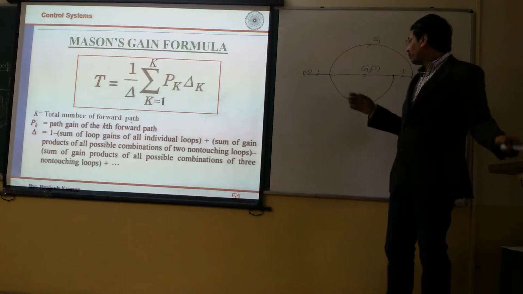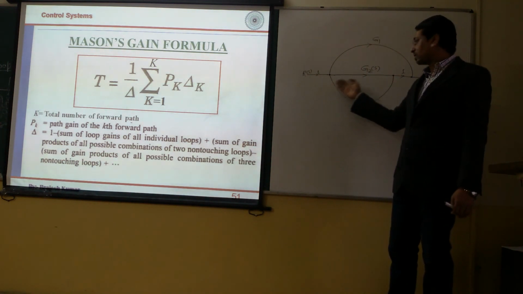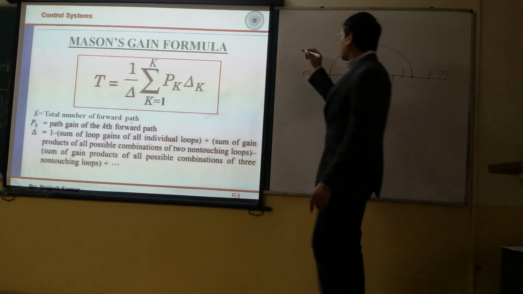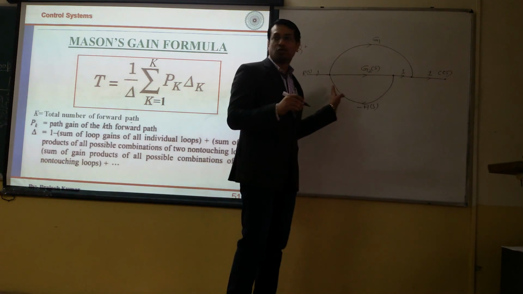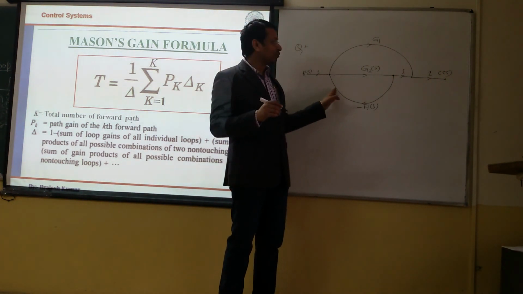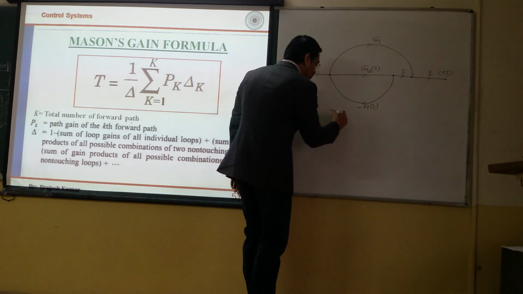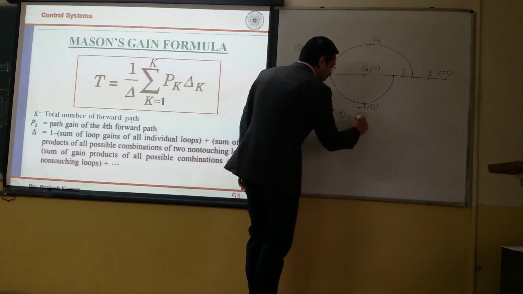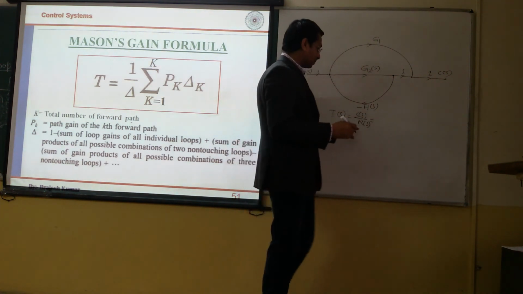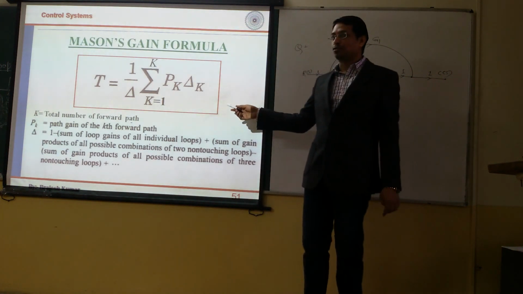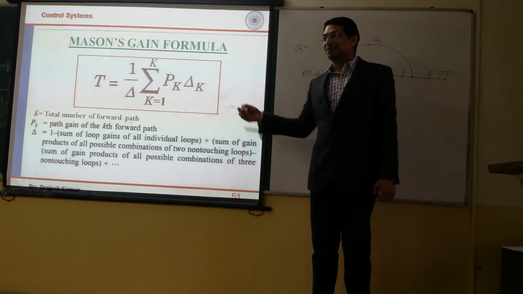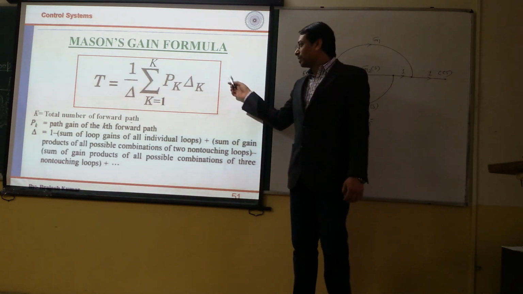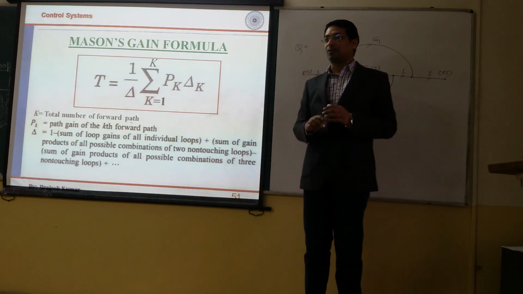Suppose I give a signal flow graph directly as a question and ask you to find the total transfer function; the total transfer function will be Cs upon Rs. We will see Mason's gain formula in the next class.